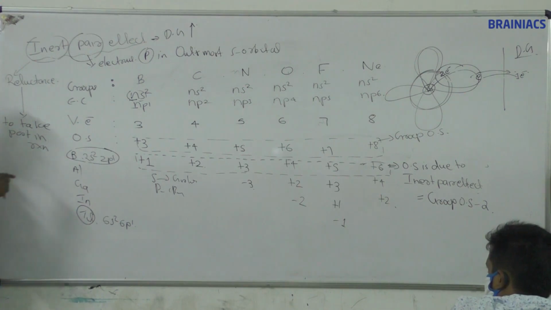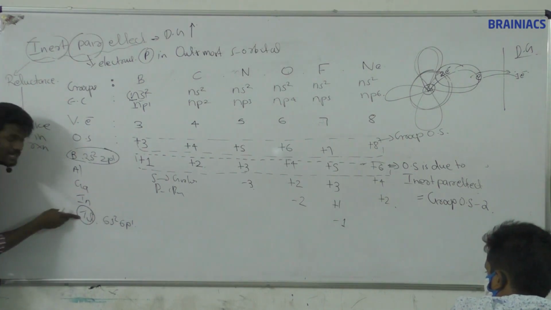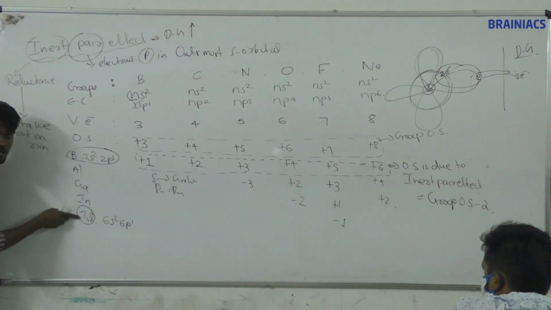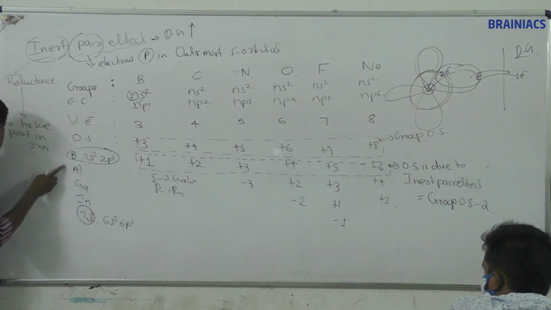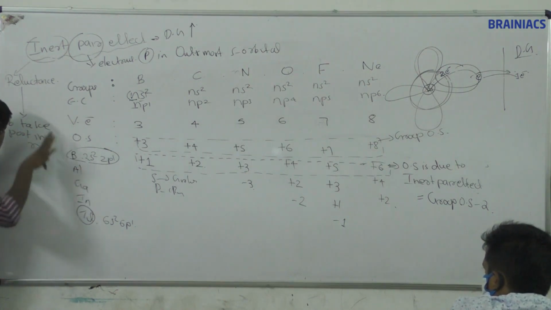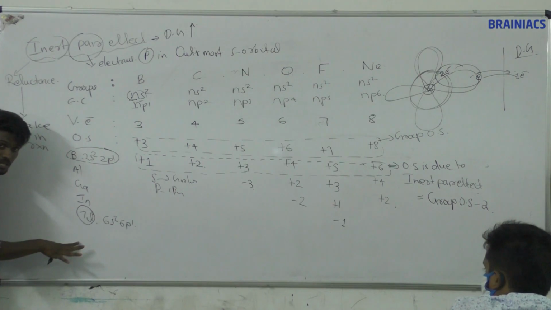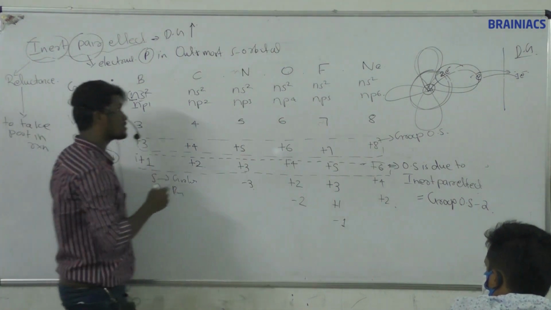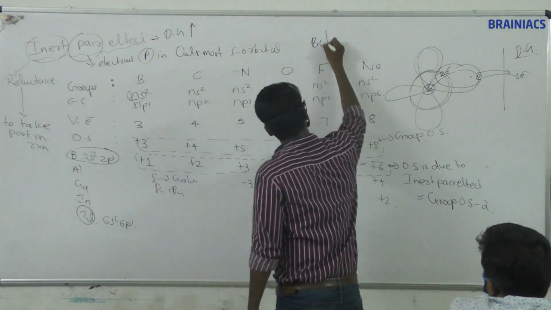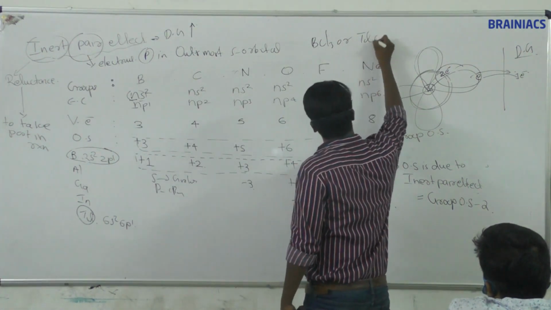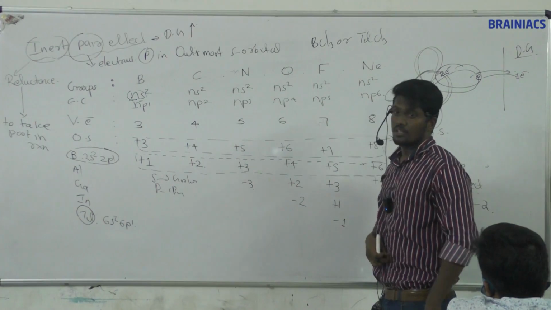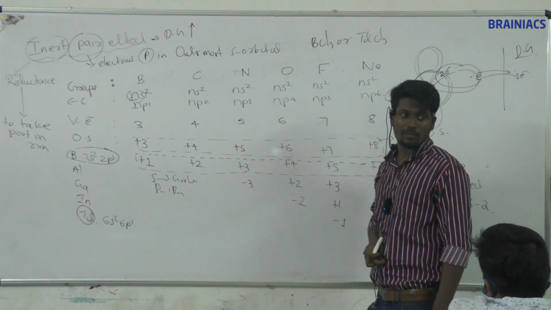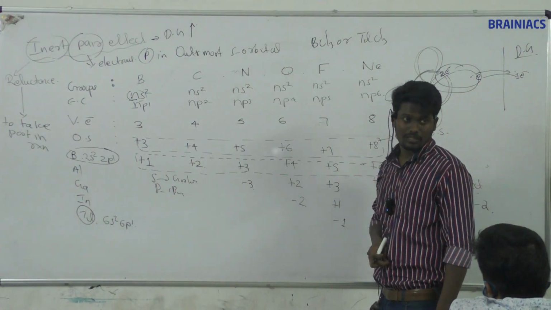So which is more stable and why? BCl3 or TlCl3? BCl3, because boron is more stable in +3 than thallium.